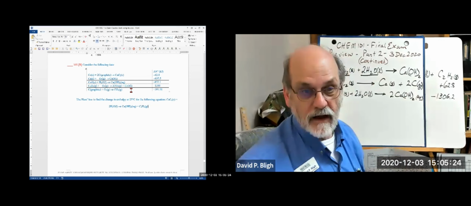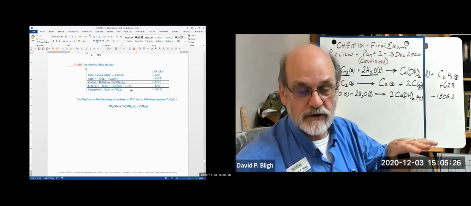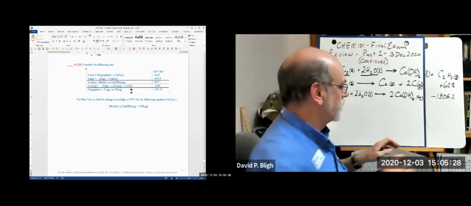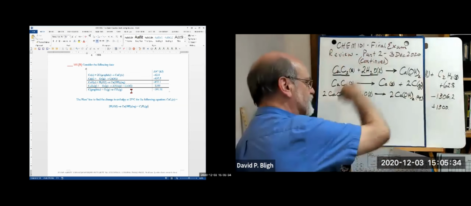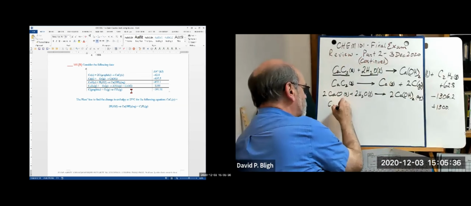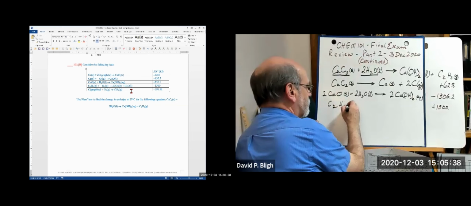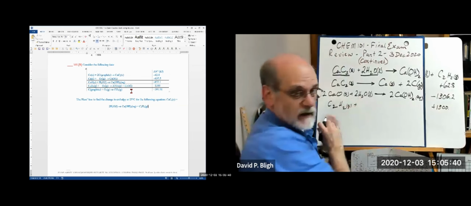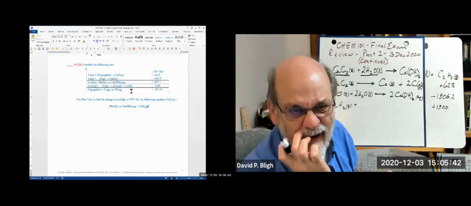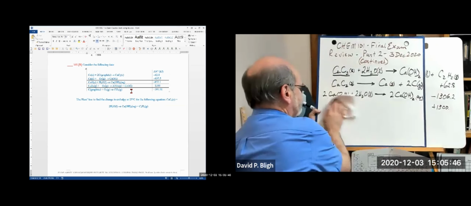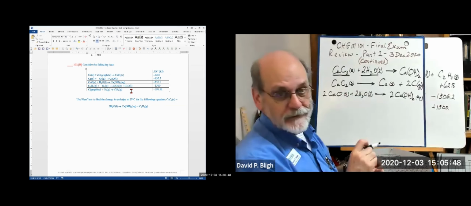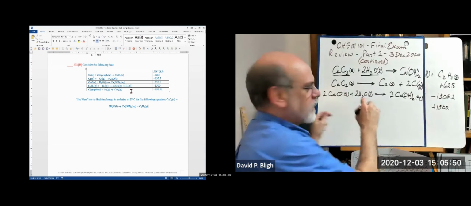And we're not going to change the numbers. We're just going to change the sign. So it's 1300. Oh, no, I'm sorry. Acetylene goes on the other side. We need carbon dioxide and water on this side.